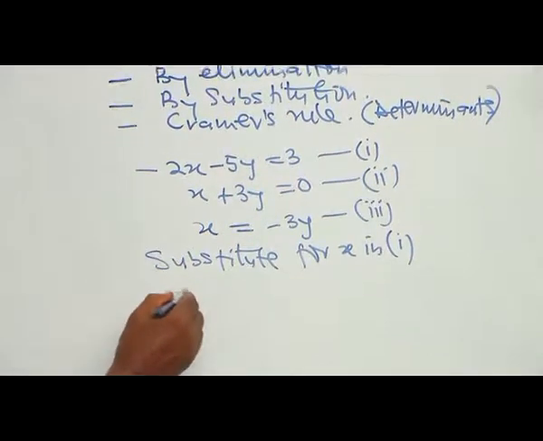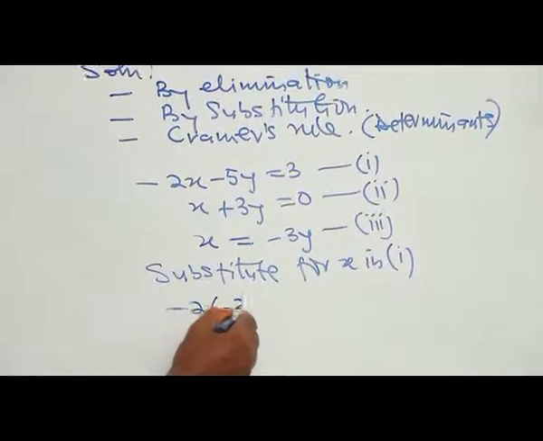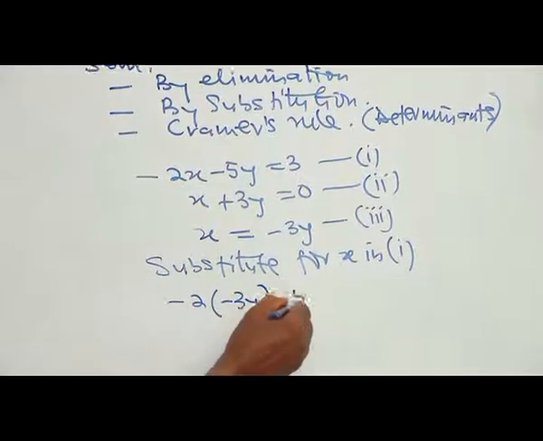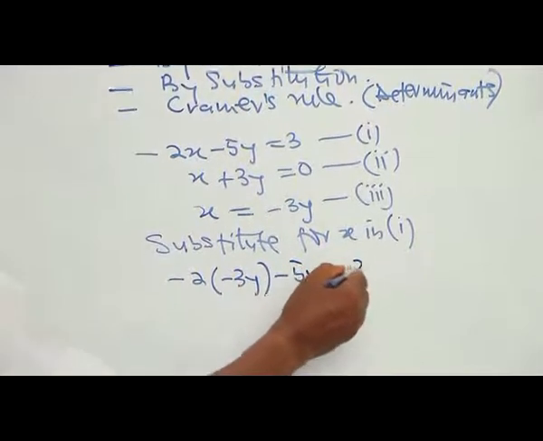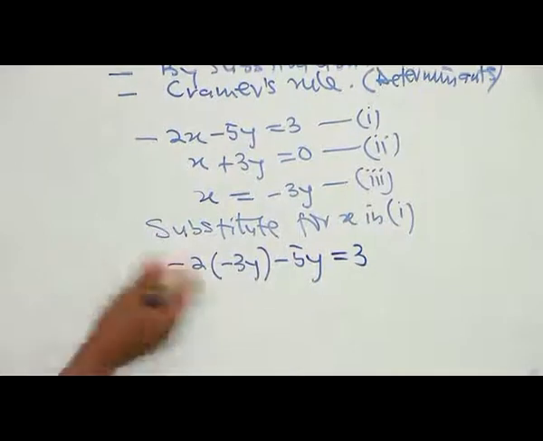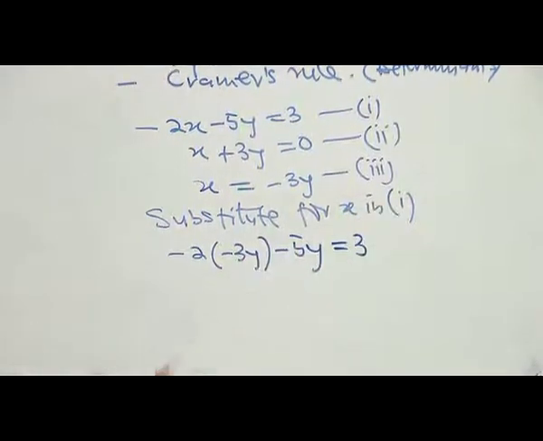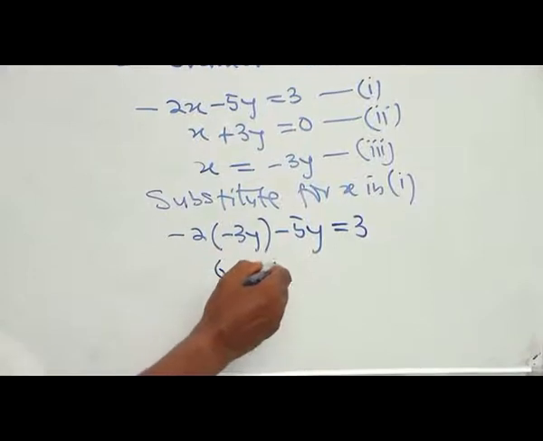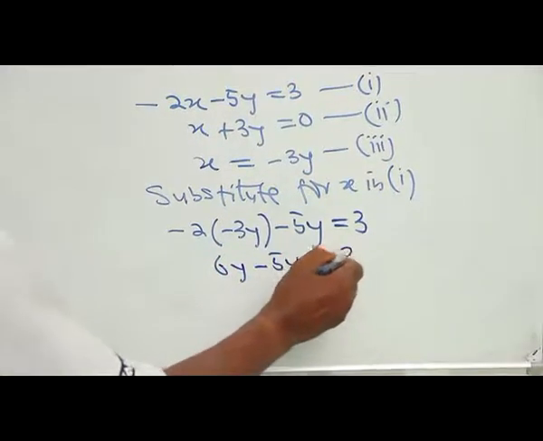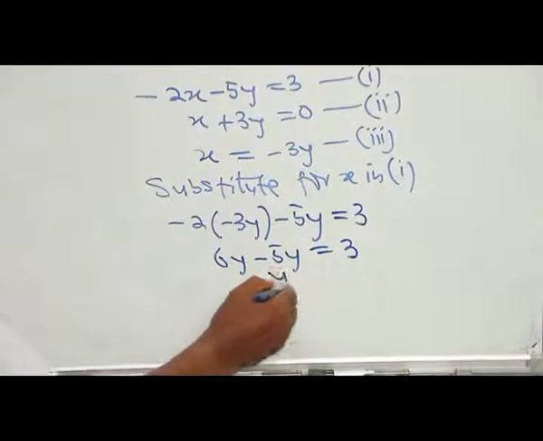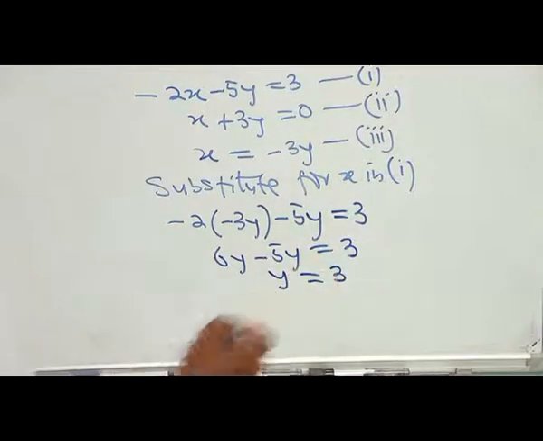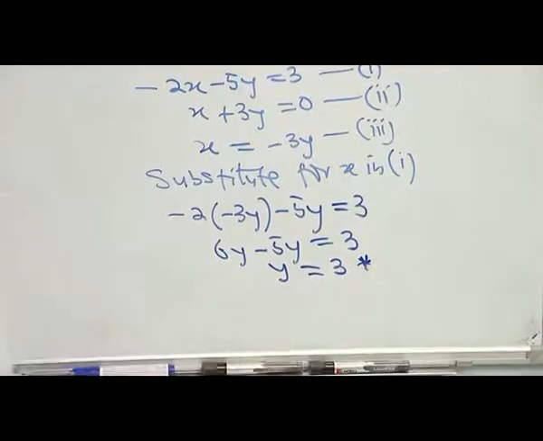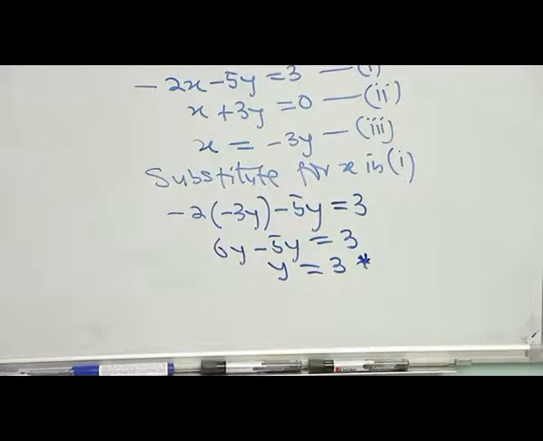So we have minus 2, our s now is minus 3y, and this is minus 5y, everything is equal to 3. So we have eliminated, in a way, our s. So multiply out, this will give you 6y minus 5y equal to 3, and therefore y is equal to 3. So you have gotten the first root, the first value, which is y equal to 3.